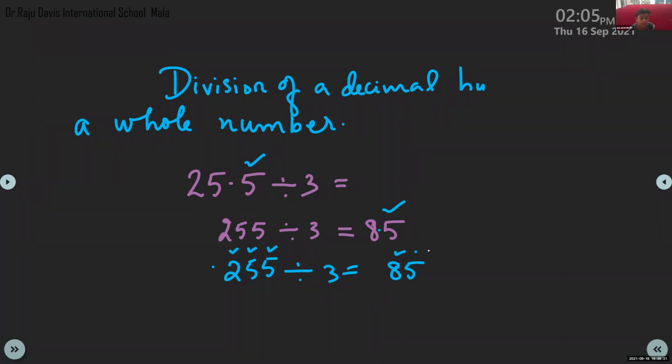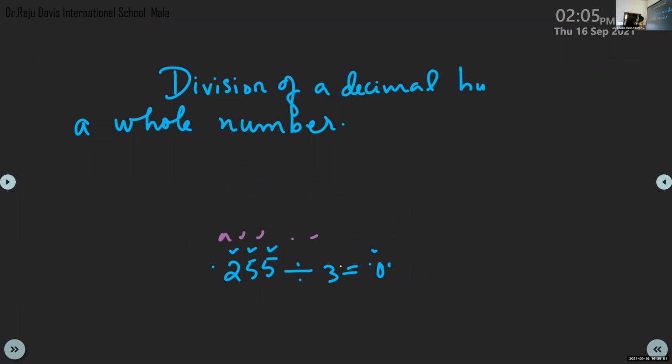But we have here only 2, so we will put a 0. Because after the point we want 3 digits. That is why we add a 0 to the left. Understood now? That was your doubt, right? Okay, so that is how we do it.